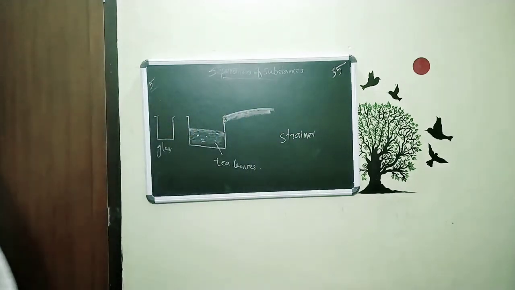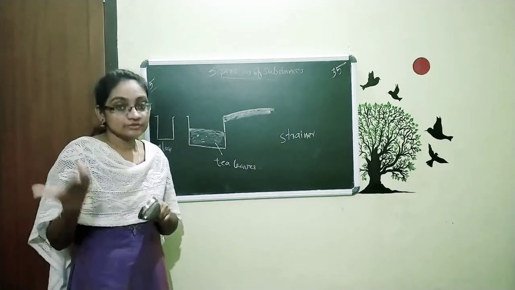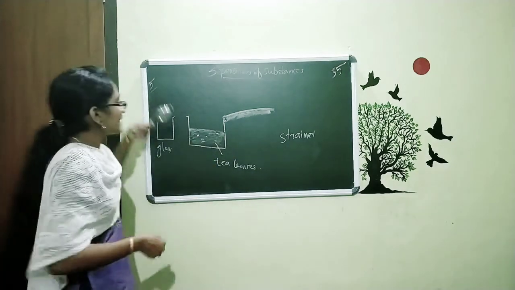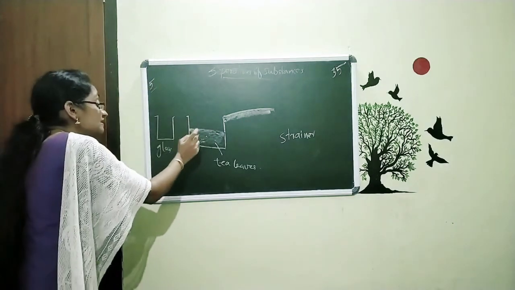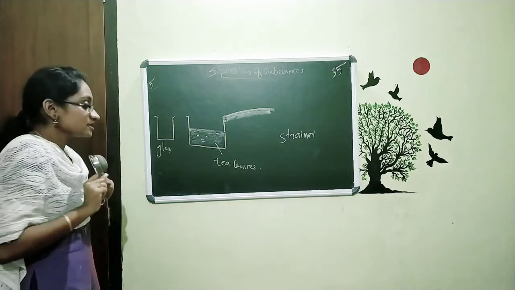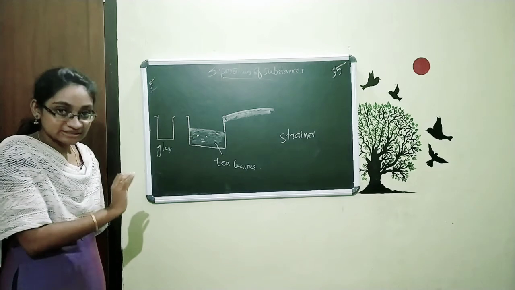Now the question is, what is a strainer? This thing is familiar to you in your home, and the name of this is what? Strainer. With the help of this strainer, I can pour the tea through it, and the tea leaves will remain in the strainer, and we can separate the tea and the tea leaves.